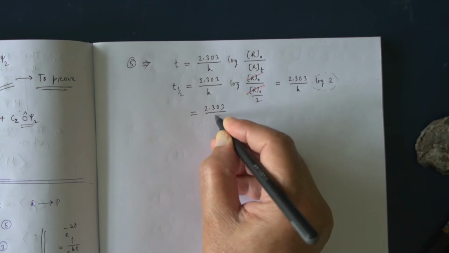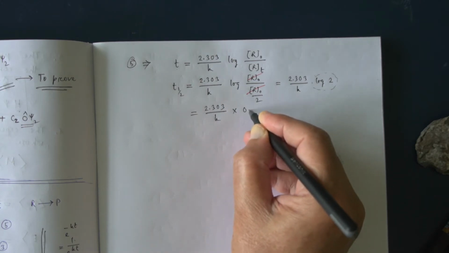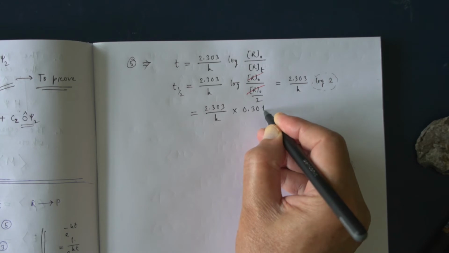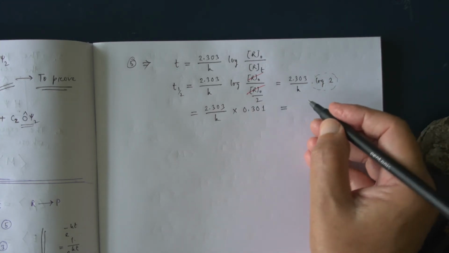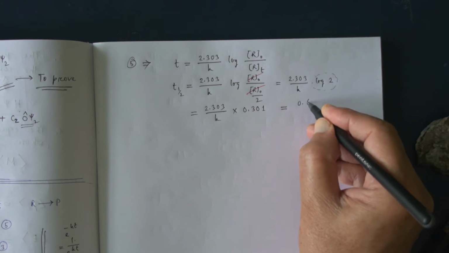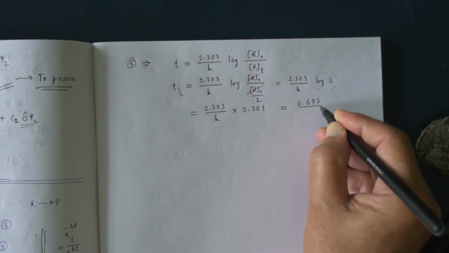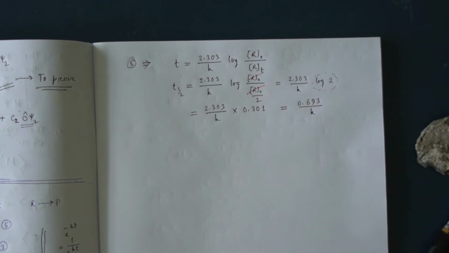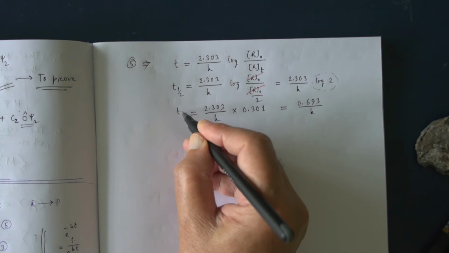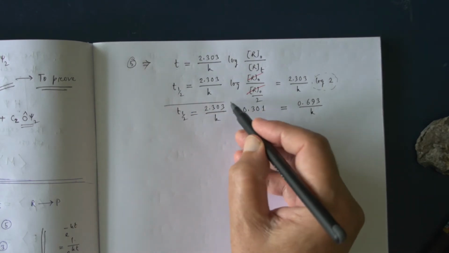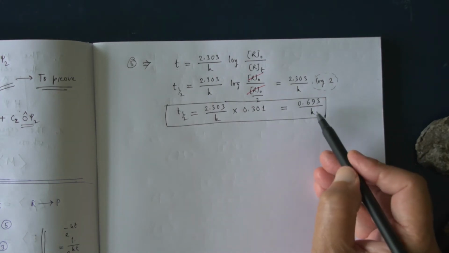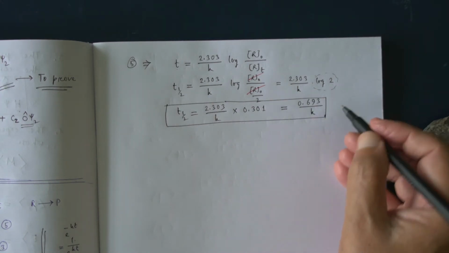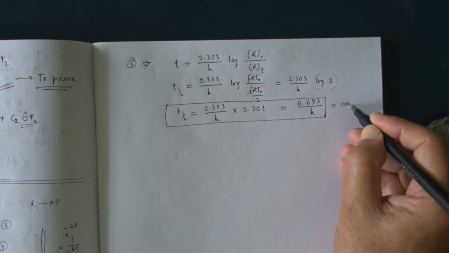So 2.303 by K into 0.301, and if you simplify this, it is 0.693 by K. So the half-life period of a first order reaction is constant.